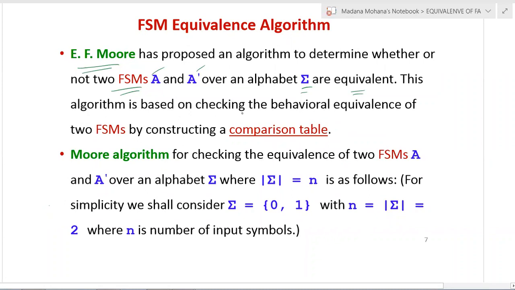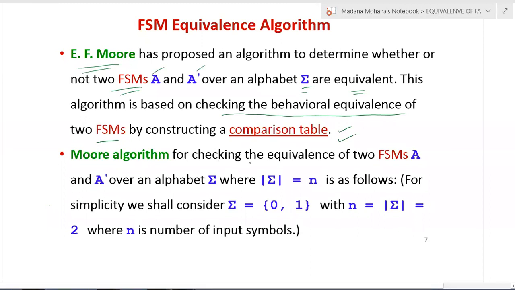This algorithm is based on checking the behavioral equivalence of two finite state machines by constructing a comparison table. First, how to construct a comparison table? That is the first step of this equivalence algorithm.